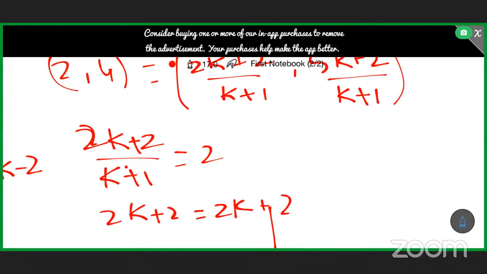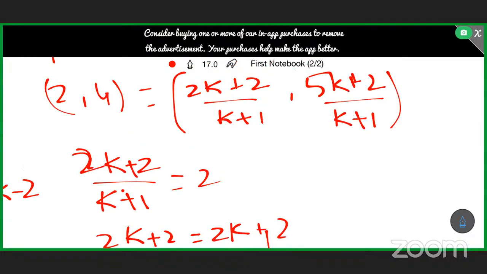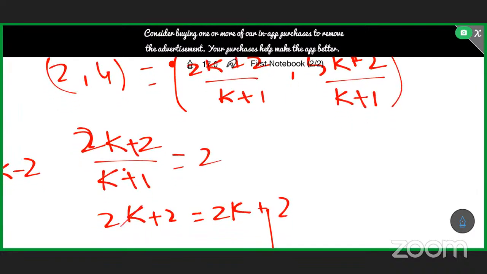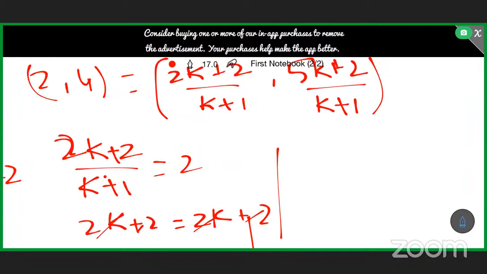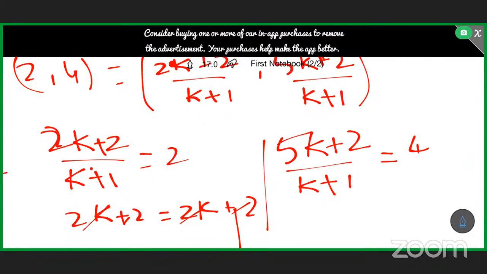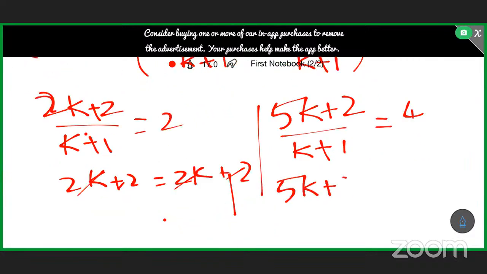Everything gets cancelled. Okay, let us go for the next one. 5k plus 2 by k plus 1 is equal to 4. So this will become 5k plus 2 is equal to 4k plus 4.